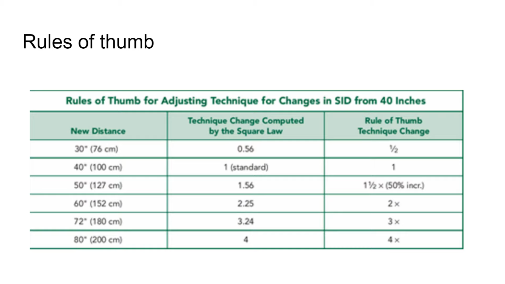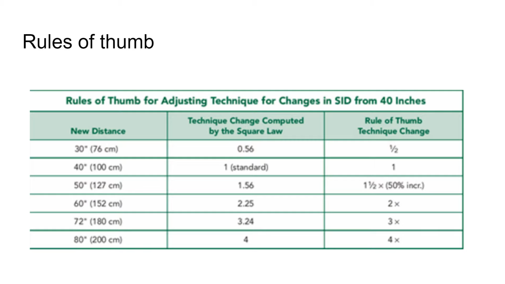So I'm not going to test you on these. You don't have to memorize this. It's not bad to kind of like look at and get an idea, because generally speaking, things are not going to change by half or double, right? You're going to try to do something at 40 inches, but now because they're in a stretcher and the way the room is, you might only be able to get, I don't know, let's say 31 inches.